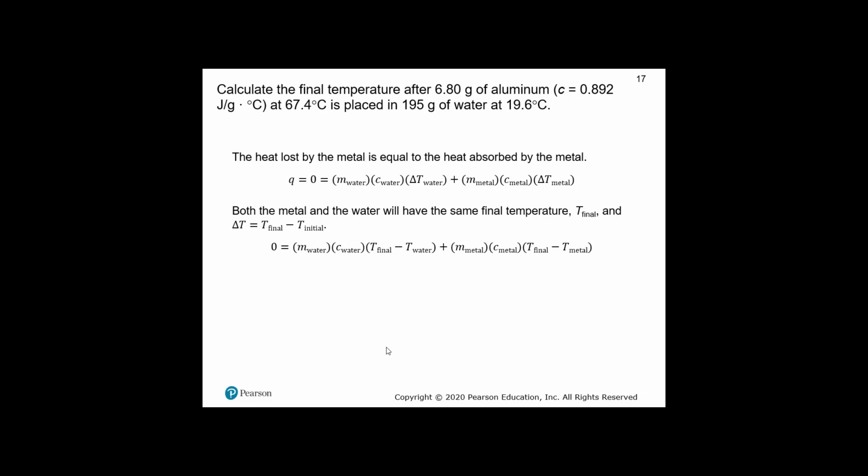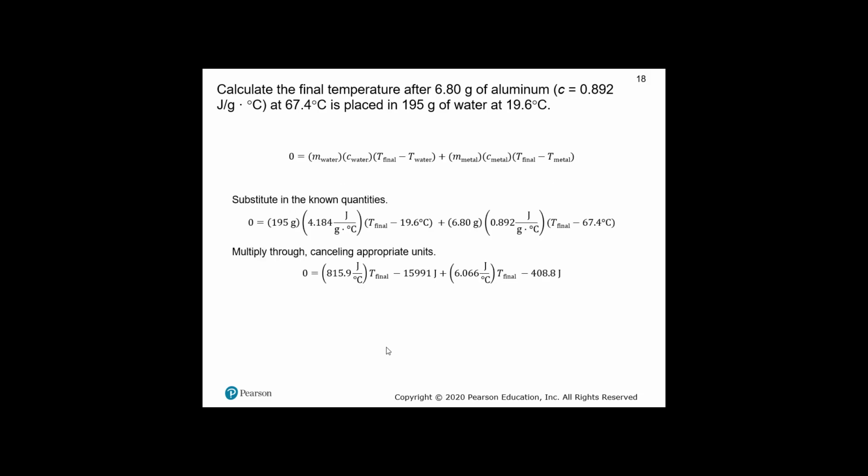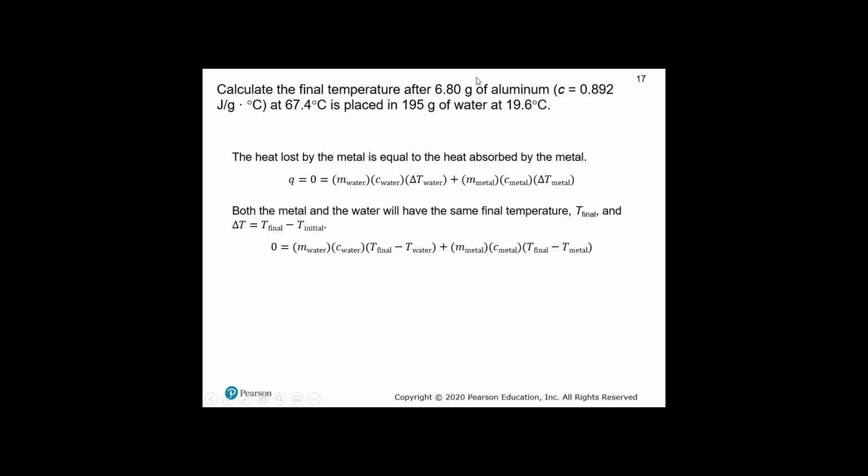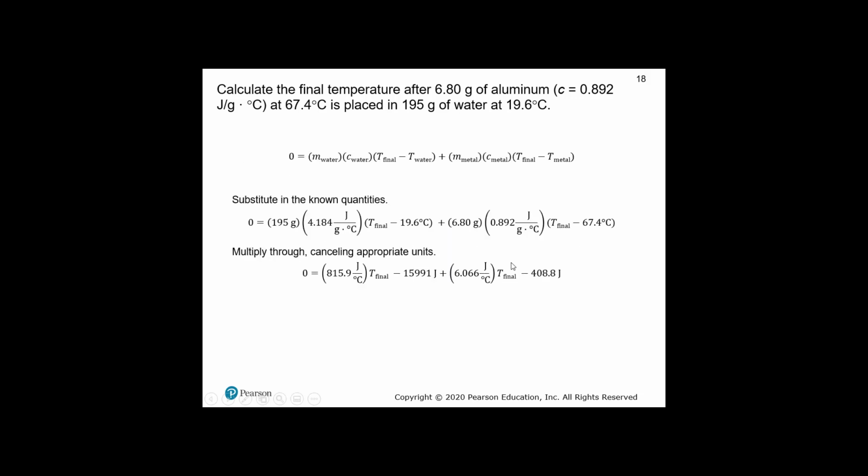You're going to have, in a sense, the same variable on both sides for a little while. So what you do here is take your information about the temperature and what you need to solve for. So remember, you have T final. We set it up for the water. So we have our 195 grams of water, the specific heat of water.